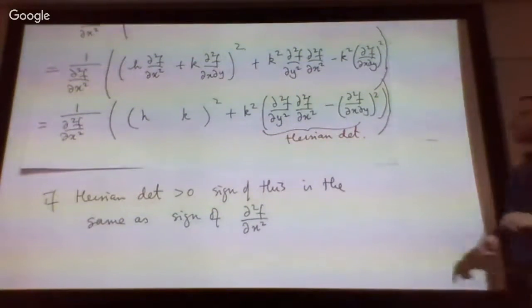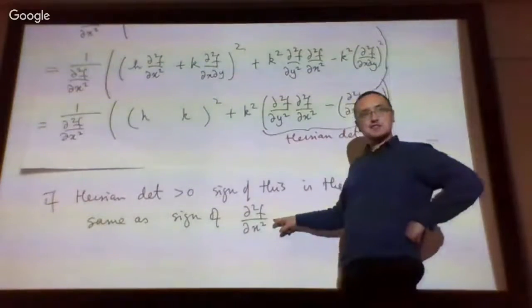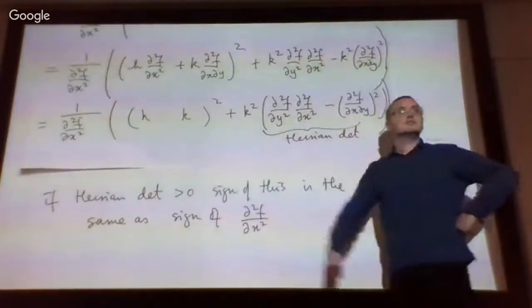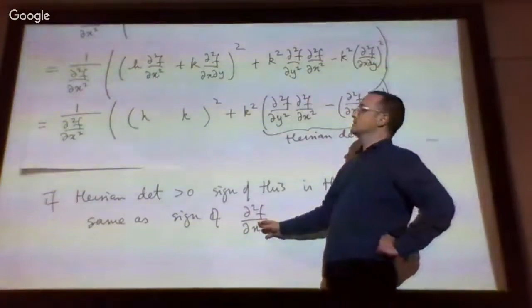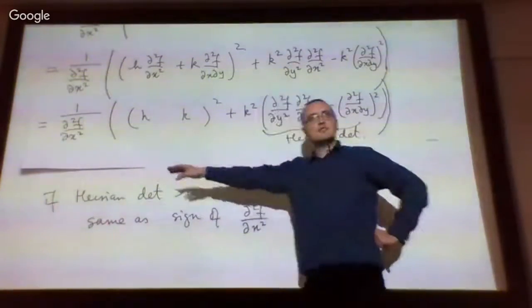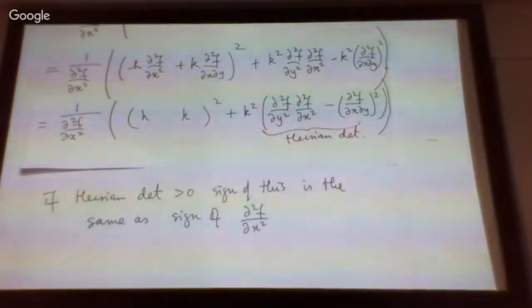So if d2f dx squared is positive, this whole thing is positive. So it's a local minimum, because the function has a greater value at the nearby point. If d2f dx squared is negative, this whole thing is negative. So delta f is negative, so therefore the value at the stationary point must be higher than all the nearby points around, so it's a local maximum.